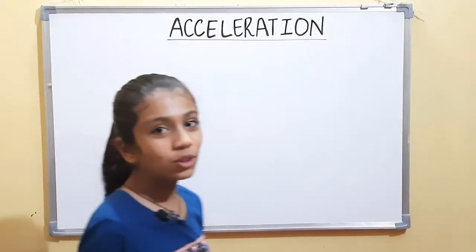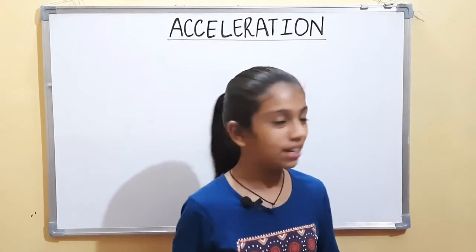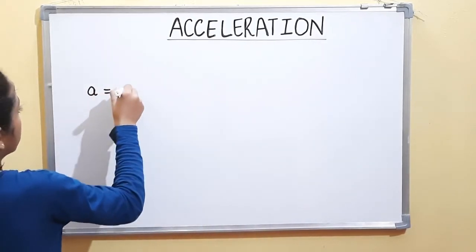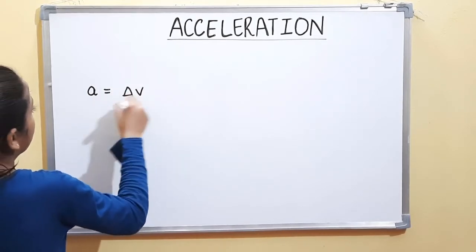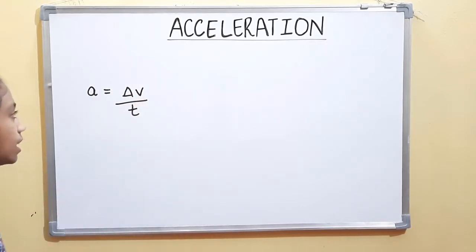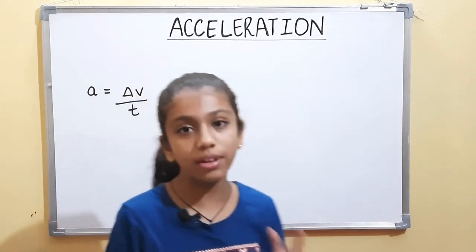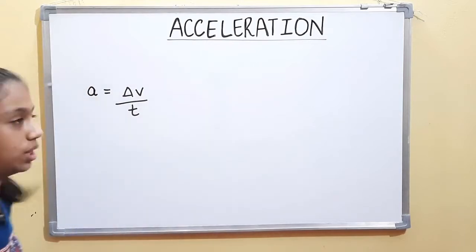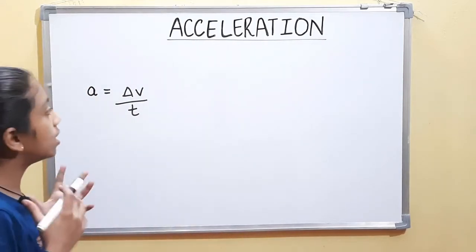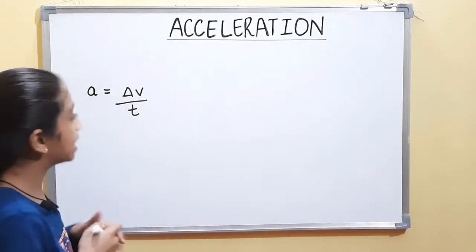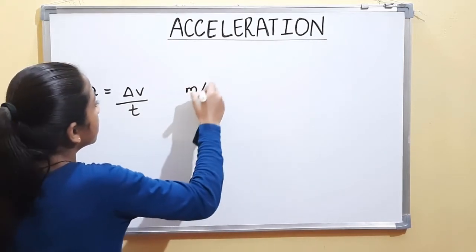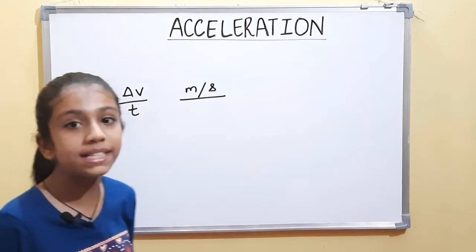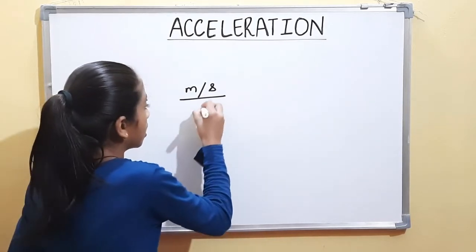Now we will find out the SI unit of acceleration. So A is equal to delta V upon T. We can write change in velocity, or V minus U, as delta V, and time taken will be T only. So as we know the SI unit of velocity is meter per second, and the SI unit of T, that means time, is second.